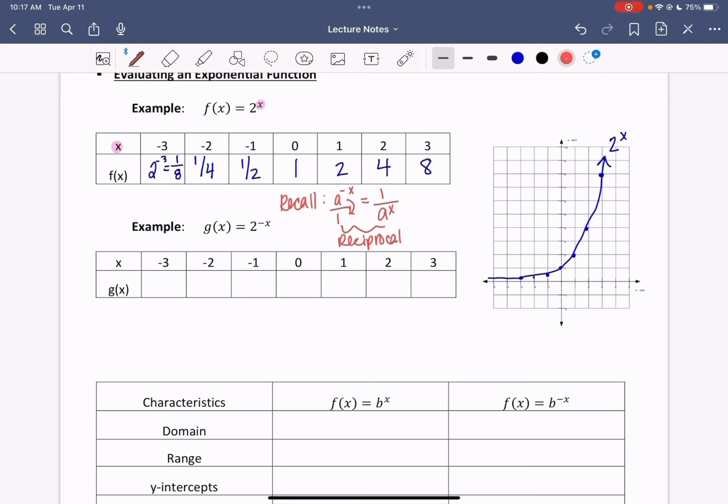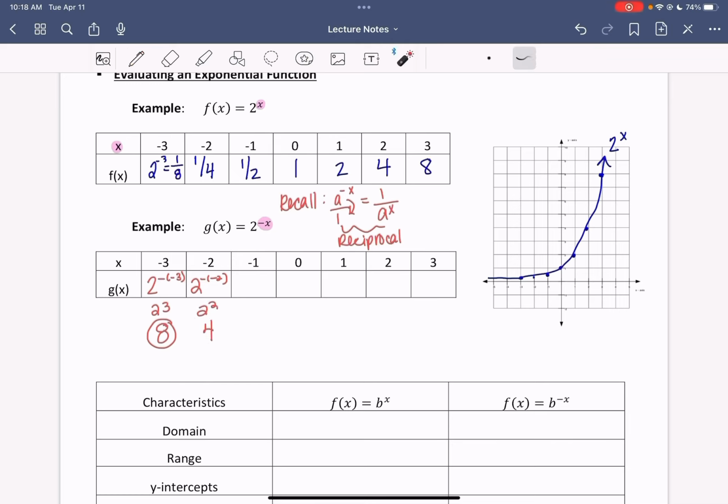So what we're going to do is, when we start looking at our next situation, when we go to plug in, here's our variable. This is going to give me 2 to the negative 3, which is just 2 cubed, which we already saw to be 8. This gives me 2 to the negative 2, which is just 2 squared, which is 4.